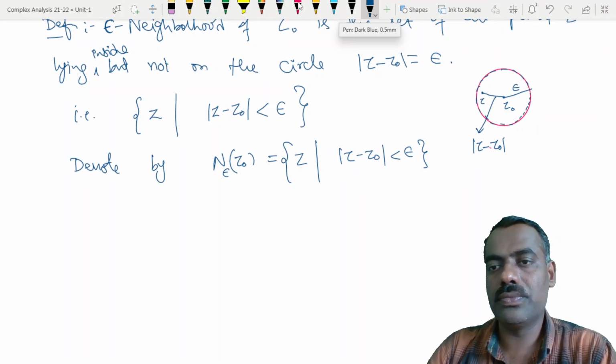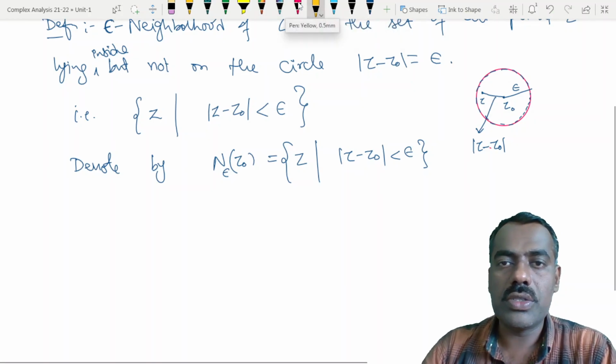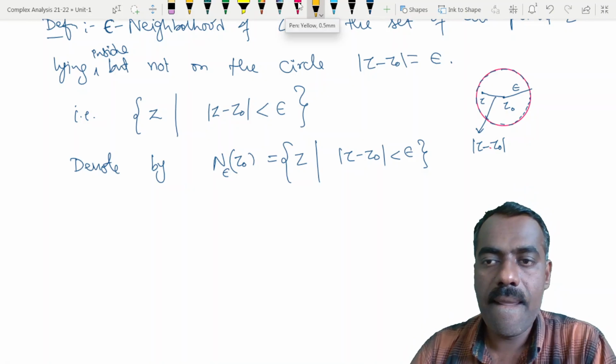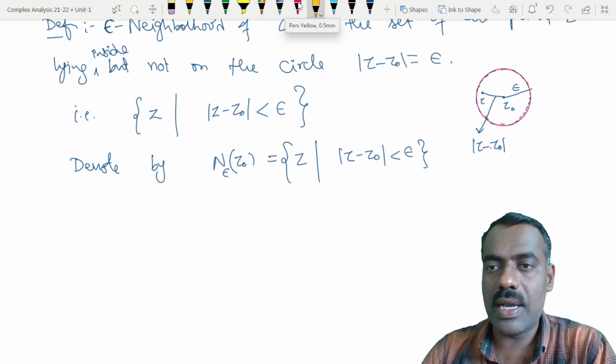Is that clear? Yes, sir. It means boundary points are not allowed here. Yes, whatever circle I have drawn, those points won't be there, and all remaining points will be there. That means if you take anything inside this, all points will be there.